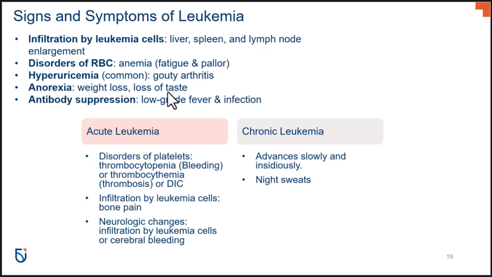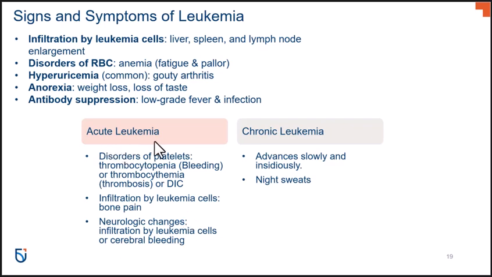Loss of taste and lack of appetite can lead to weight loss. We know that the production of healthy white blood cells can be suppressed. This makes somebody with leukemia less likely to be able to fight off an infection that otherwise you would be able to, which can lead to a low-grade fever as the body is trying to fight off the infection, but may not be easily successful in doing that.